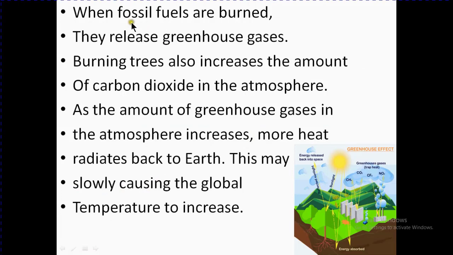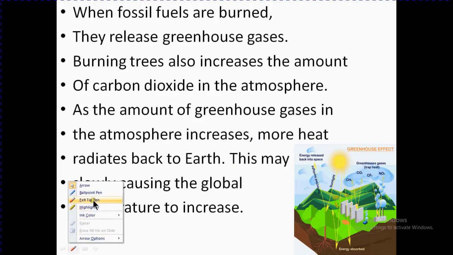When fossil fuels are burned, they release greenhouse gases. Burning trees also increases the amount of carbon dioxide in the atmosphere. As the amount of greenhouse gases in the atmosphere increases, more heat radiates back to the earth. So what happens with these greenhouse gases?